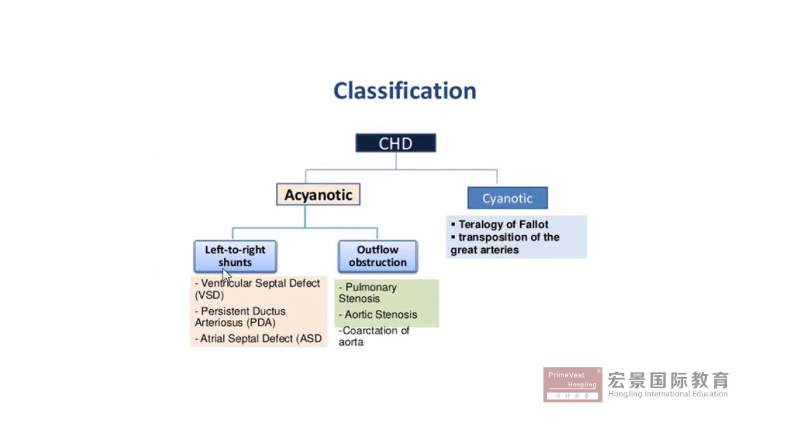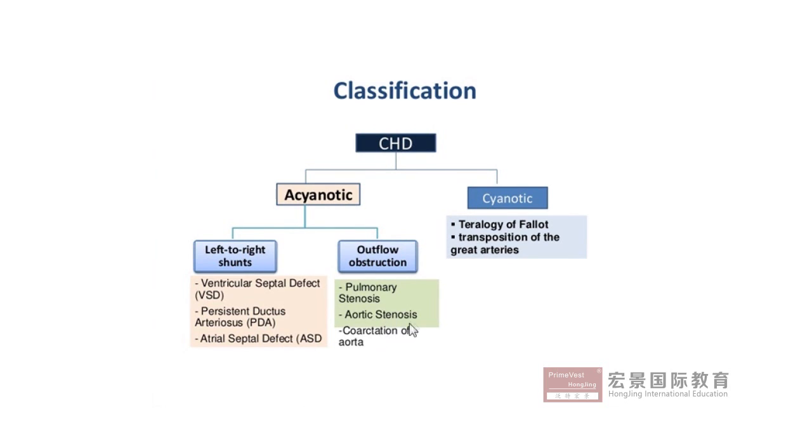Here, left to right shunts include ventricular septal defect, VSD, patent ductus arteriosus, PDA, and atrial septal defect, ASD. Outflow obstruction includes pulmonary stenosis, aortic stenosis, and coarctation of the aorta.